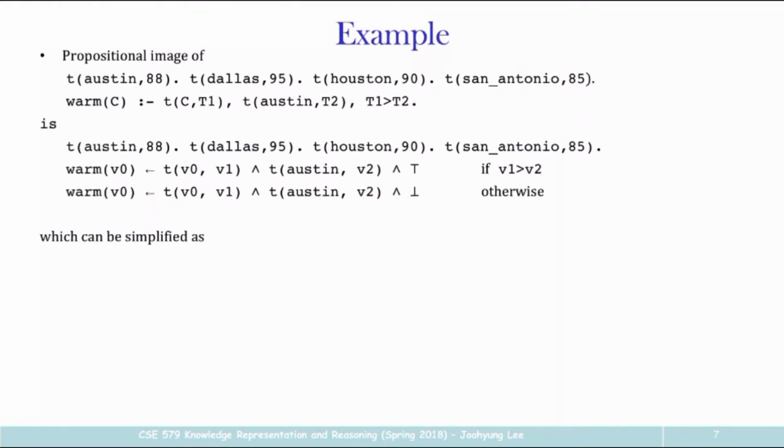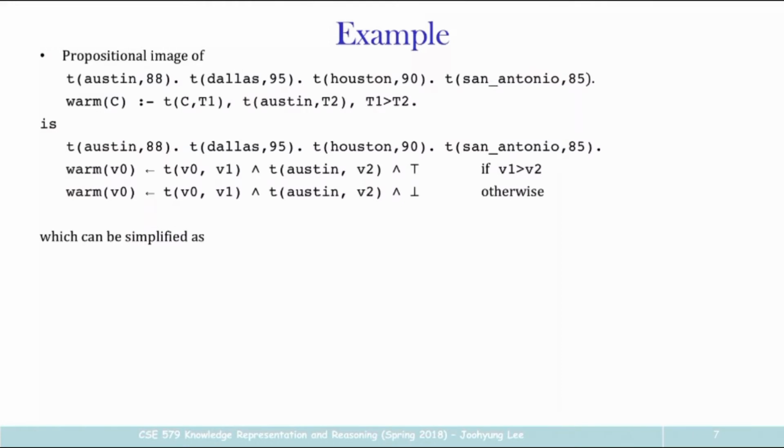There are two cases where V1 is greater than V2. What V1 and V2 can be is any element from S union Z. It could be maybe Austin greater than 88, which is also possible, but most of the time what makes sense is when these are numbers: V1 is the temperature of one city and V2 is the temperature of another city. However, by definition so far, V1 and V2 can range over any elements.